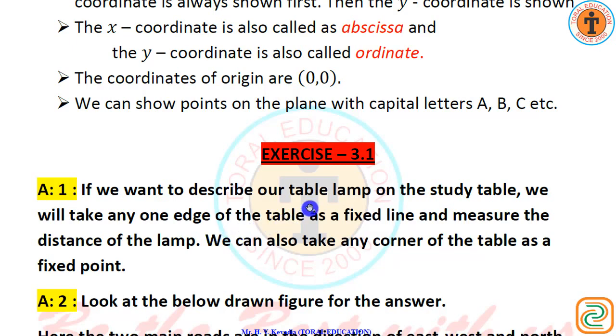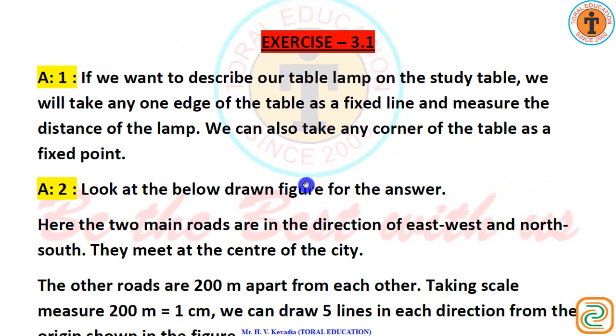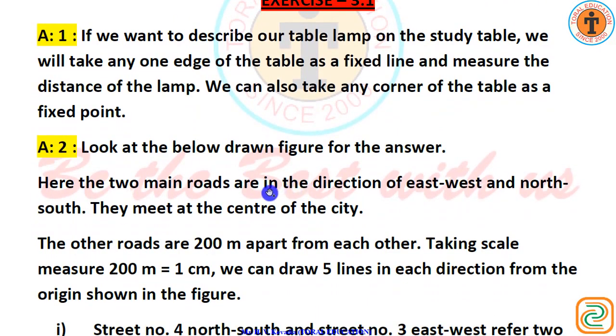So with respect to any edge or corner, we can show the position of our table lamp on the table. Now question number 2, street plan. A city has two main roads which cross each other at the center of the city. These two roads are along the north-south direction and east-west direction. The question is very long.